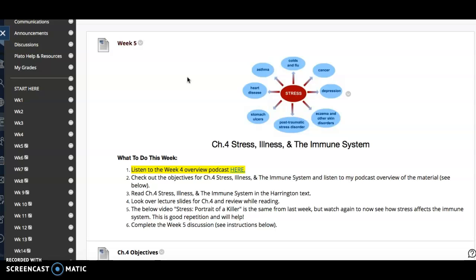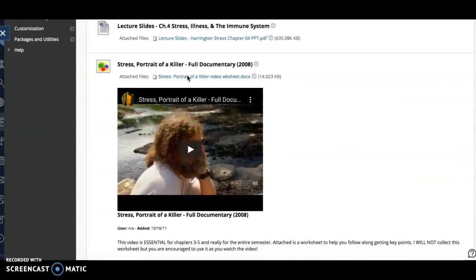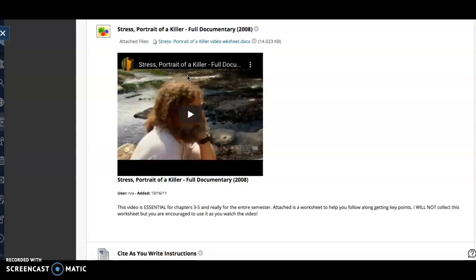And now we're diving even deeper and talking about its effect on the immune system specifically, which the video, as you know, talked a lot about. So I'd really love you to watch the video again. I know it's a longer video, but I think the repetition is really going to help, especially with understanding how the concepts all interrelate.